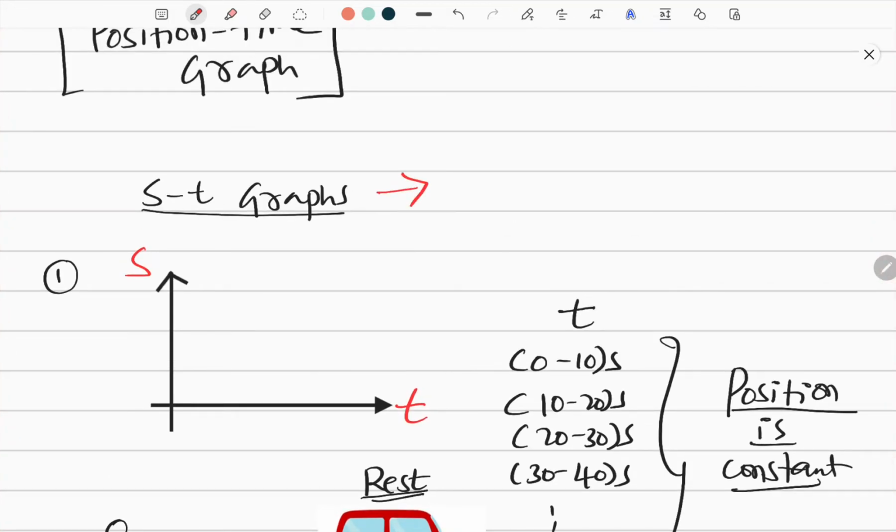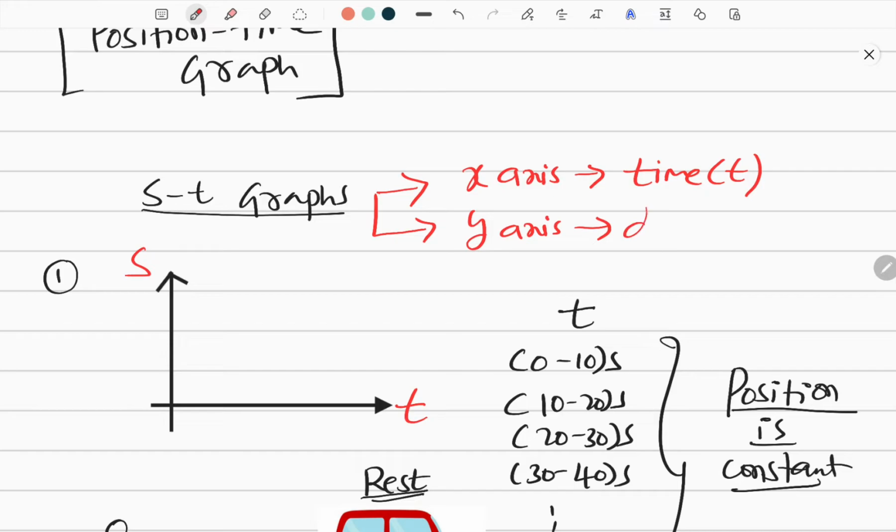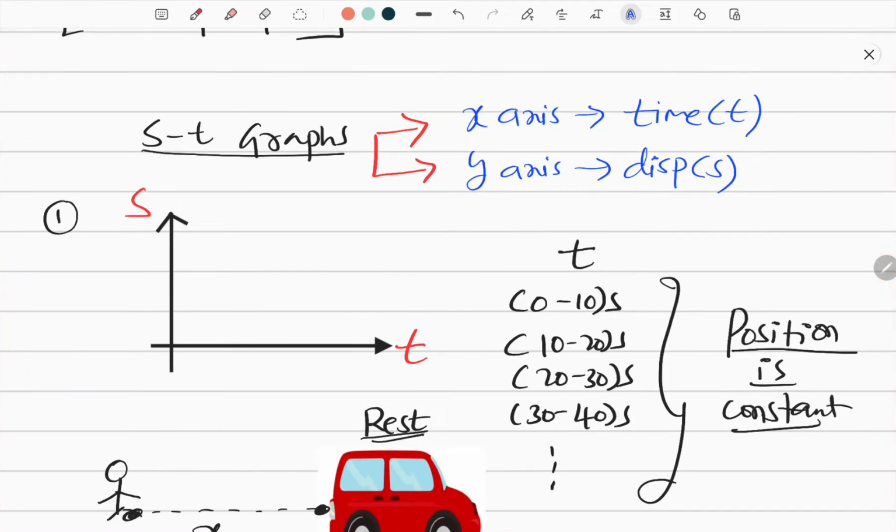An s-t graph is a graph in which the x-axis is represented with time and the y-axis is represented with displacement. If somebody asks you what an s-t graph is, you should be able to say this. So this is the definition of the s-t graph.